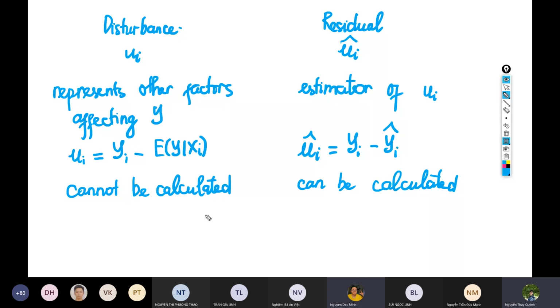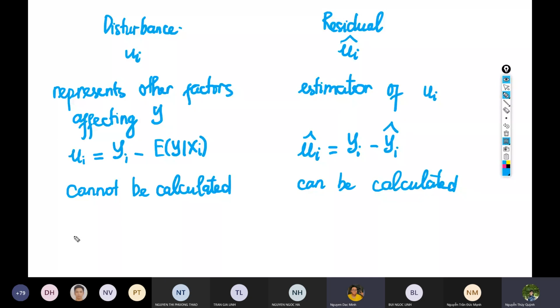Okay, so the disturbance u i. Well, hold on. I want to ask whether the disturbance is correlated to x i or y i. Based on the second assumption, our x variables are non-stochastic.